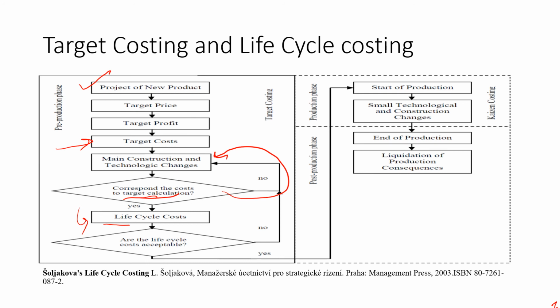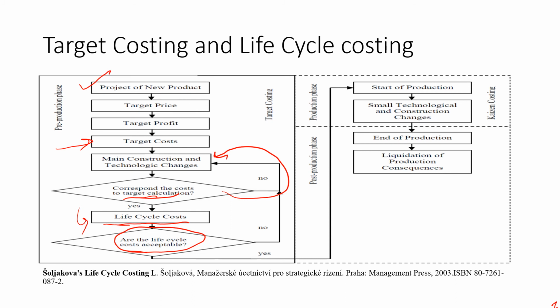And once we have met the target cost, we look at the life cycle cost. Are the life cycle costs acceptable? If they are acceptable, that means your research and development, manufacturing and post-manufacturing costs are all acceptable, and these are only committed costs.